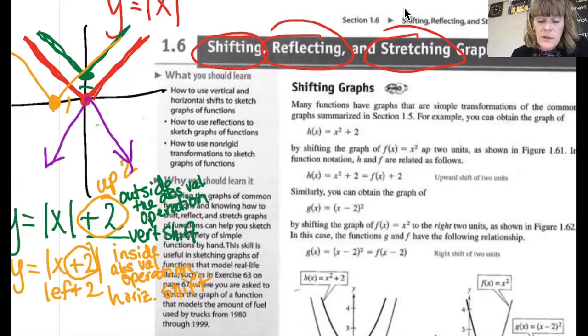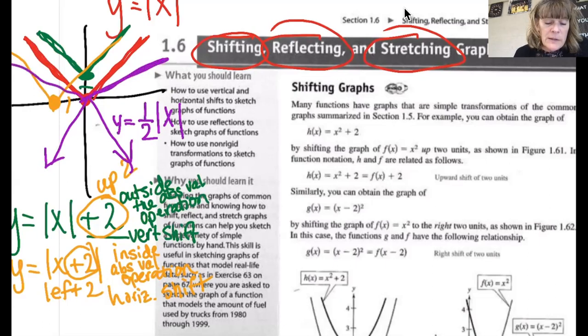And then the last thing is a stretch. A stretch is going to change the steepness of our absolute value. So if I have y equals 1/2 absolute value of x, then that's going to give me a less steep v.